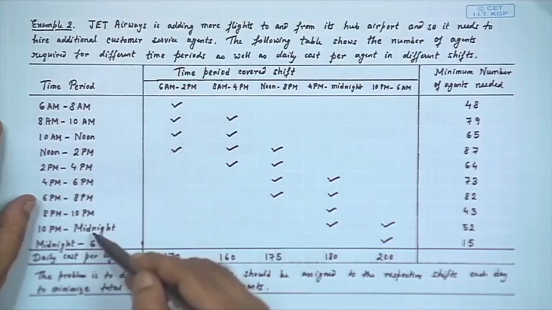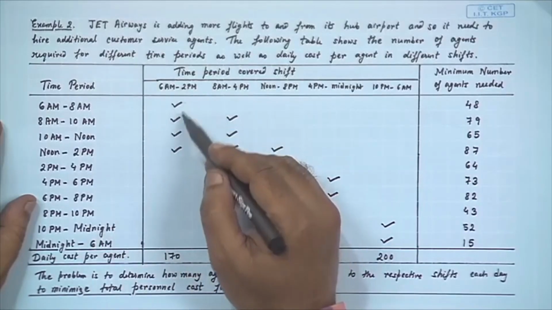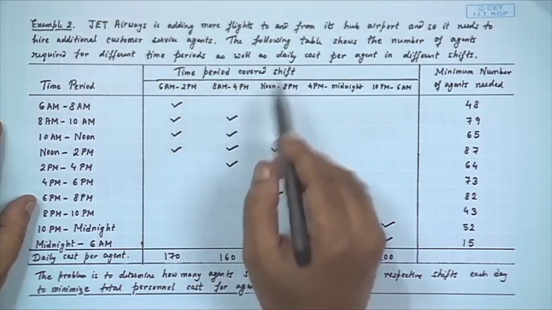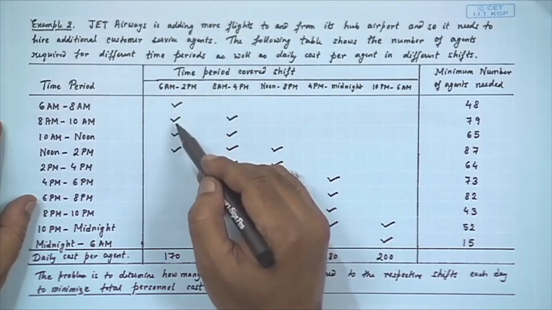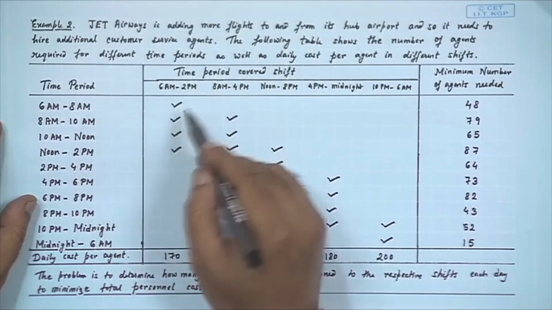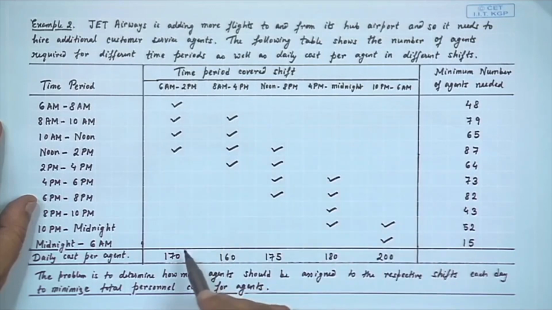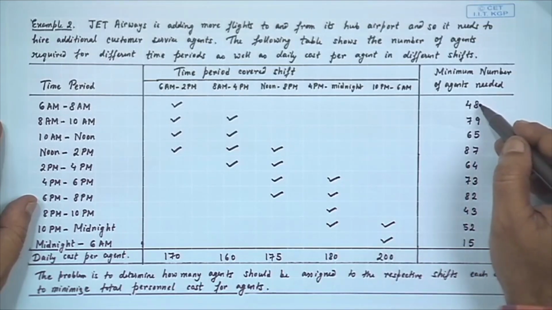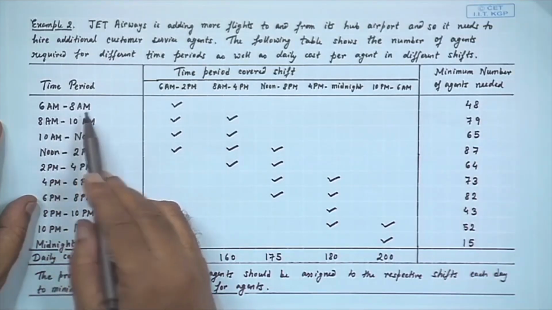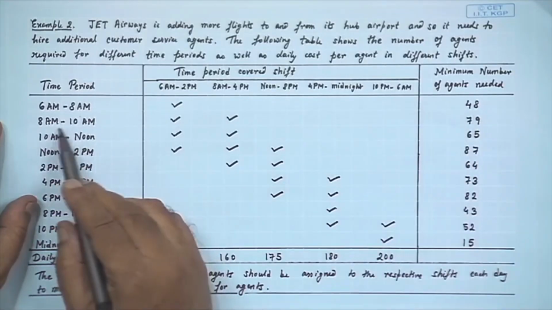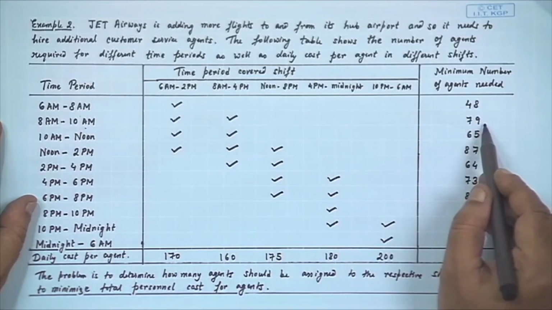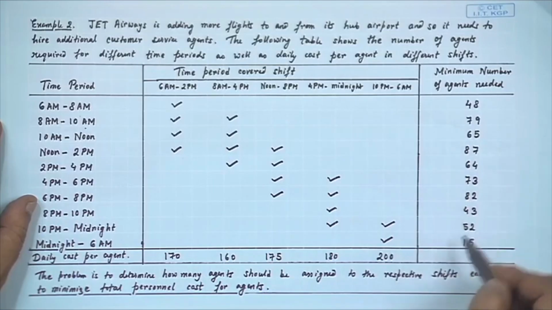Different timings are given here, and each column is the time period covered in each shift, 6 a.m. to 2 p.m. The daily cost per agent is given over here, and the minimum number of agents required in 6 a.m. to 8 a.m. is 48, or 8 a.m. to 10 a.m. 79, something like this way it is given.